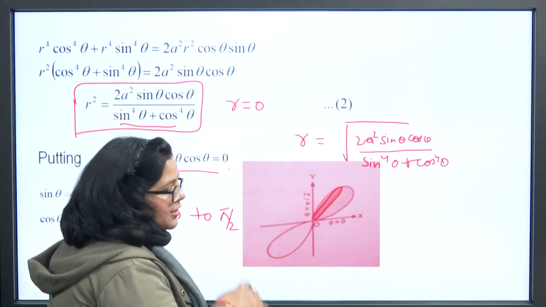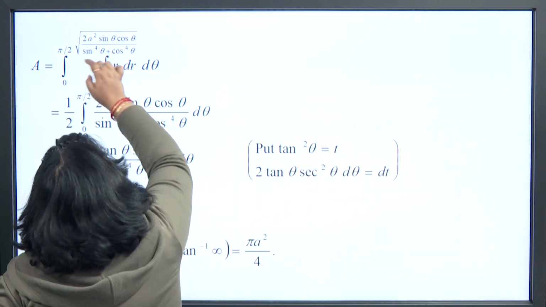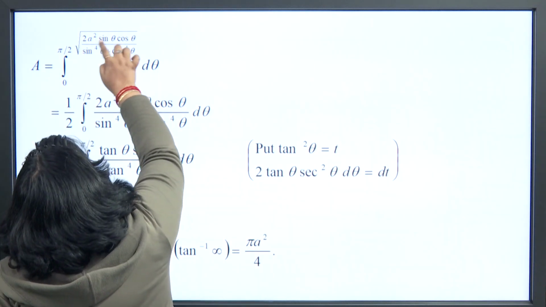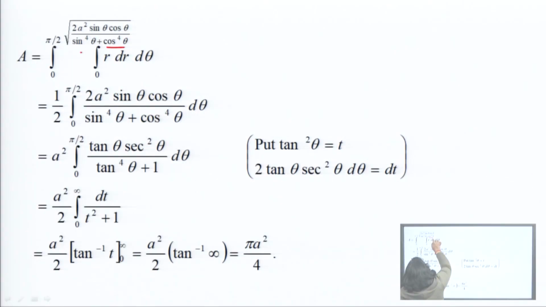Put the limits in the integration, where theta is 0 to pi by 2. We always remember the limits in the form of theta. So, integrate with respect to r. Integrating r gives r square by 2, and putting in the limit, we get this.